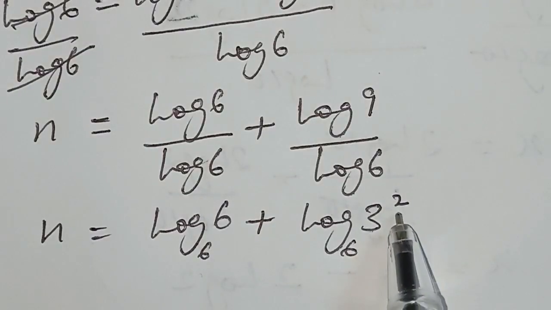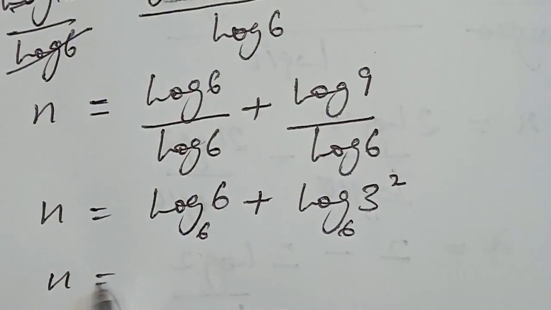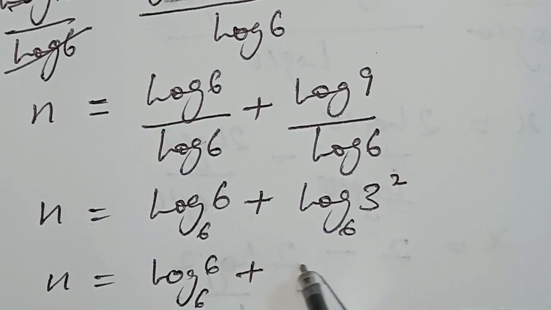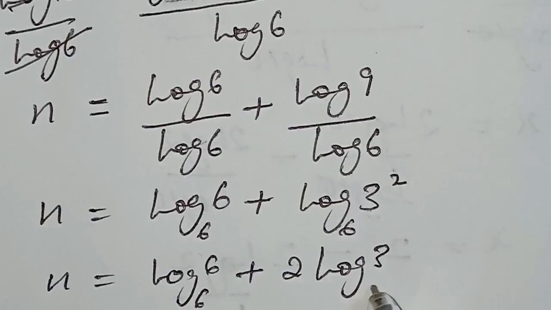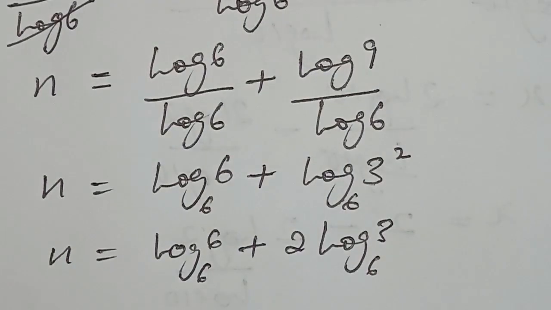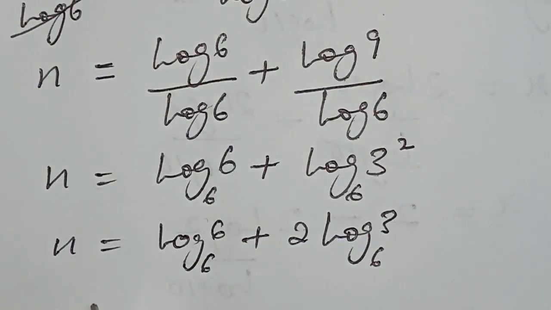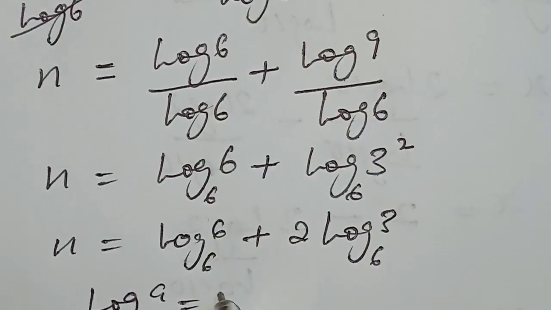Then we can move this power down in front. Then we have n equal to log 6 base 6 plus 2 log 3 base 6. But we know that if we have this kind of expression, log of a base a is equal to 1.